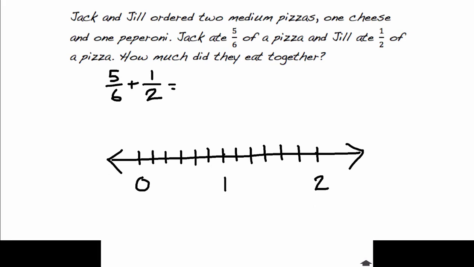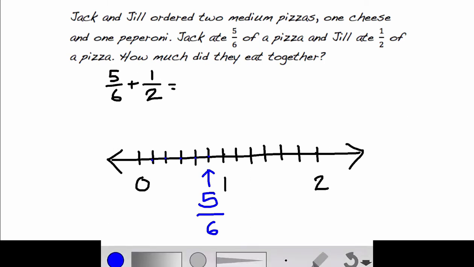And like I said, 5/6 is close to 1, and I'll just go ahead and count my pieces until I get to 5. So here's 1, 2, 3, 4, 5. 5/6, well, hey, it's really close to 1. Now I have 5/6 represented on my number line, and I need to add the 1/2.